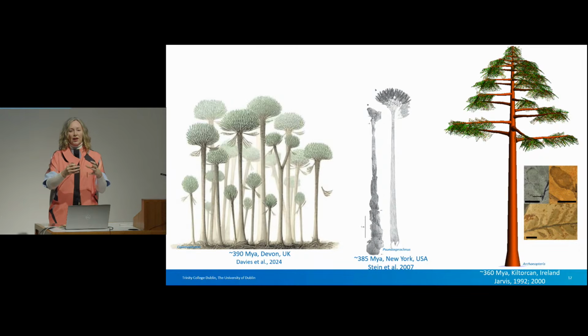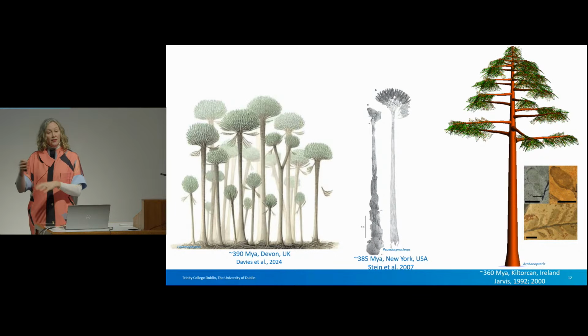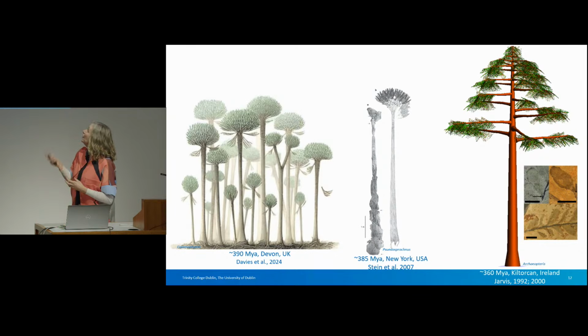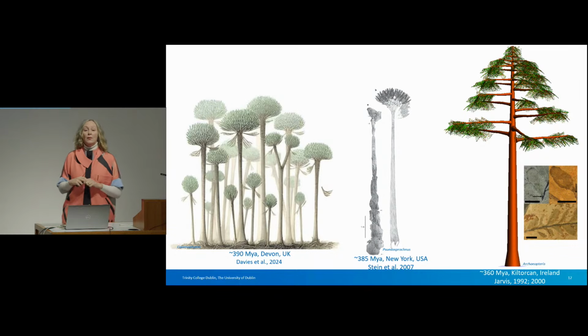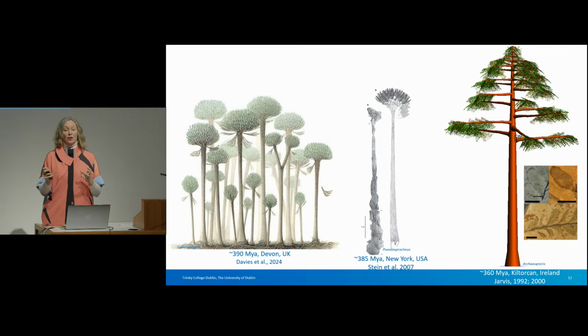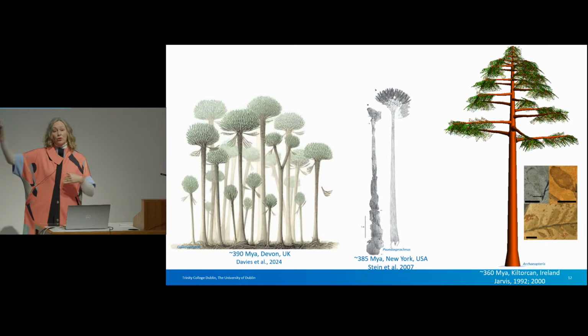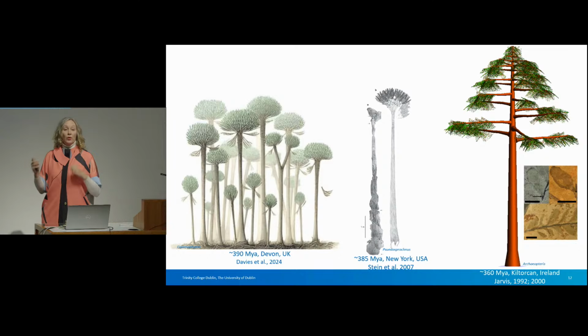It's got a trunk like a conifer, and it's got leaves like a fern, and it's an extinct group of plants. But this is the first tree that had true leaves. So by 360 million years, we have complex trees, 1 meter in width at the trunk, up to 40 meters tall, with leaves that were spreading their spores all around the landscape.